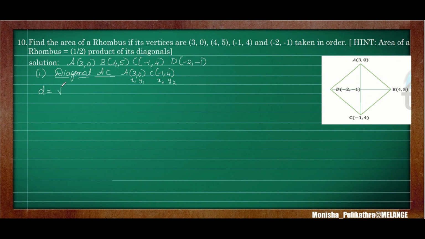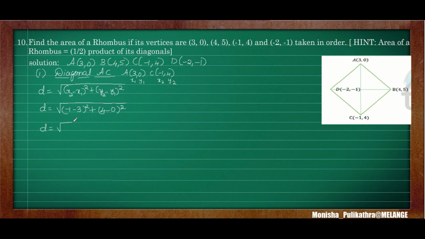So the distance formula: D is equal to square root of x2 minus x1 whole square plus y2 minus y1 whole square. So D is equal to square root of x2 is -1 minus x1 is 3, -1 minus 3 whole square, plus y2 is 4 minus y1 is 0, 4 minus 0 whole square.